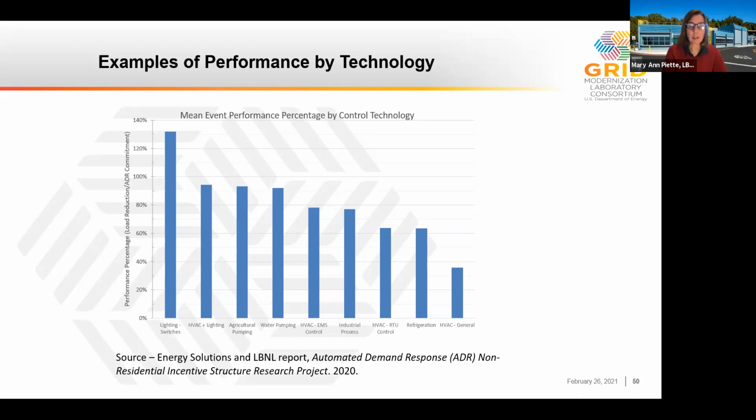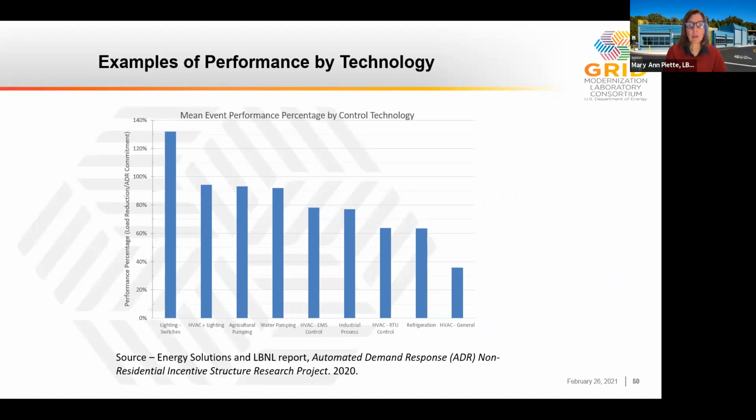So the lighting systems have performed better than the initial estimates. Some of the HVAC have not done as well. And as you know, there are big challenges in baselines when we look at the performance of an HVAC load shape and compare it to an individual estimate. They haven't performed as well on average, but still we're getting a pretty good capability.